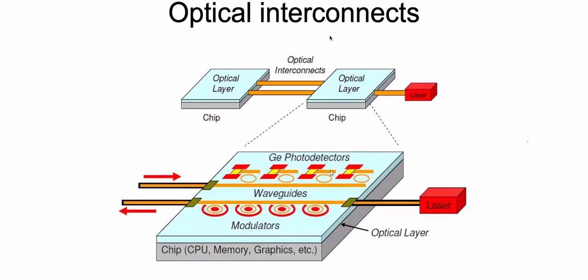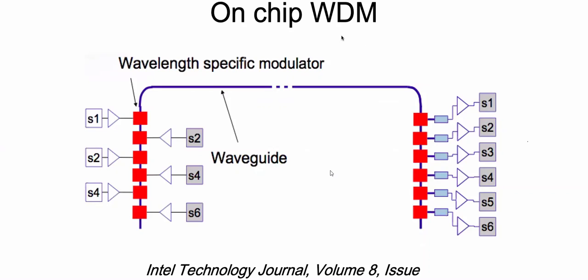Another way to do it is, why not do optical interconnects. Optical interconnect, for example, does wavelength dispersion modulation. You put a waveguide on your chip, you feed the information in one part, and you send the information to the second part. You put some sensors and circuits here. This was published in 2004, and the reason I'm showing it today is that this was known for many, many years, but is still under development. There is still a problem here because silicon is not a good material to generate light.